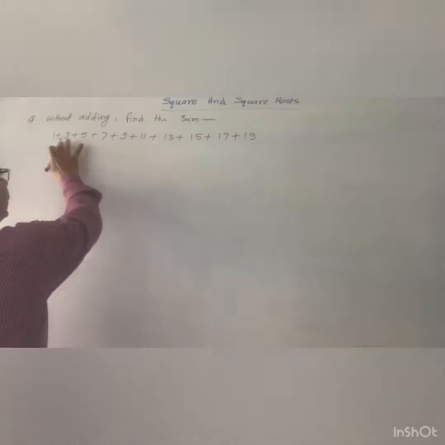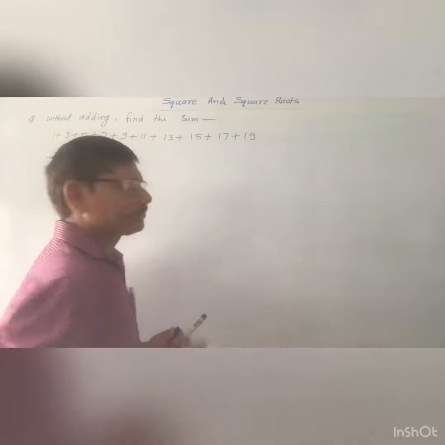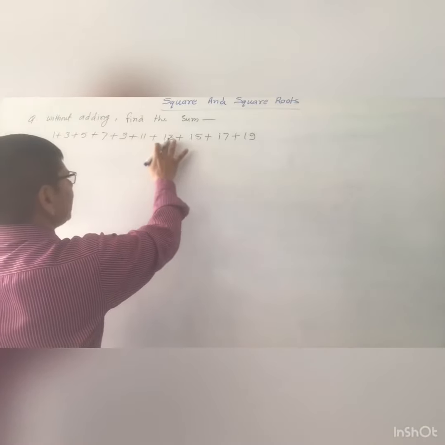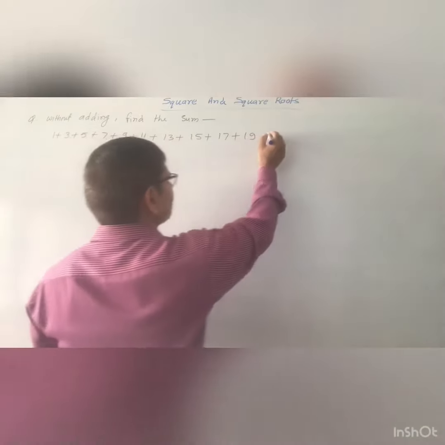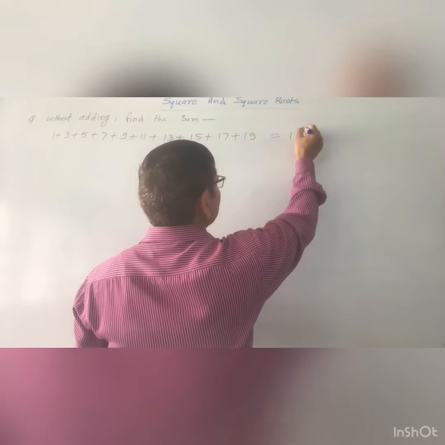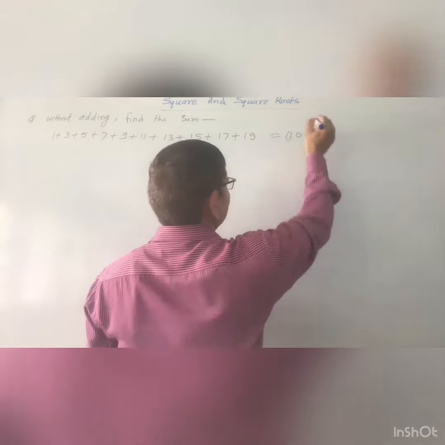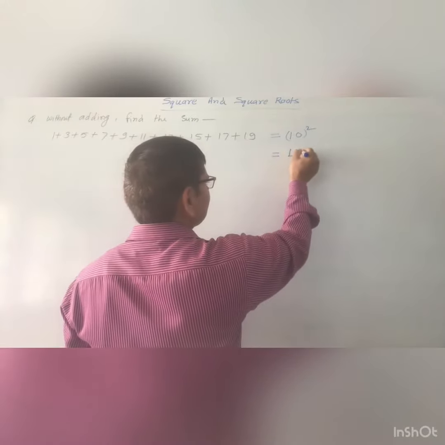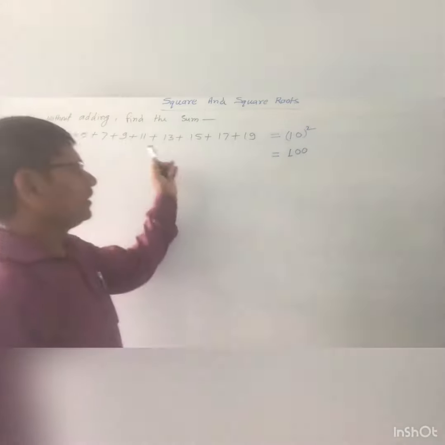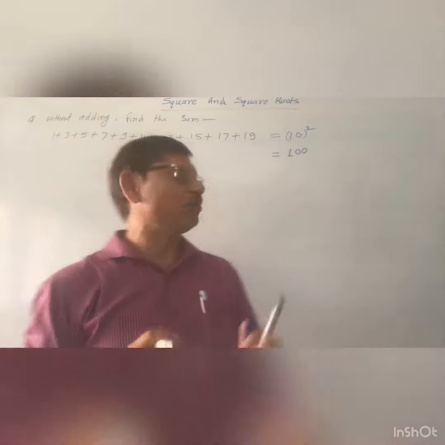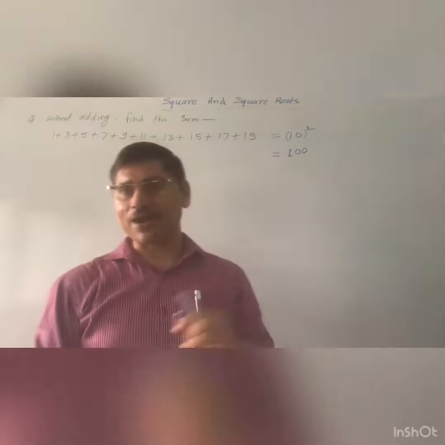You count here how many numbers here. 1, 2, 3, 4, 5, 6, 7, 8, 9, 10. So you can write directly it as 10 square. So you will get it as 100.